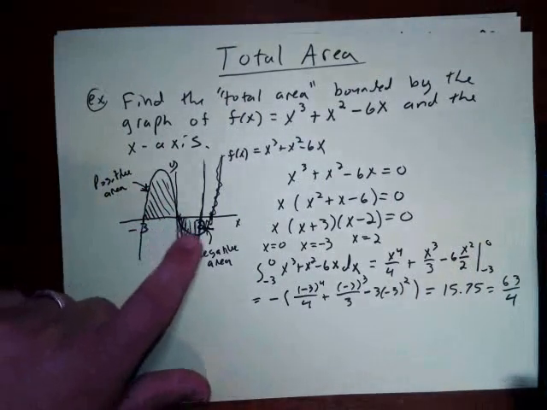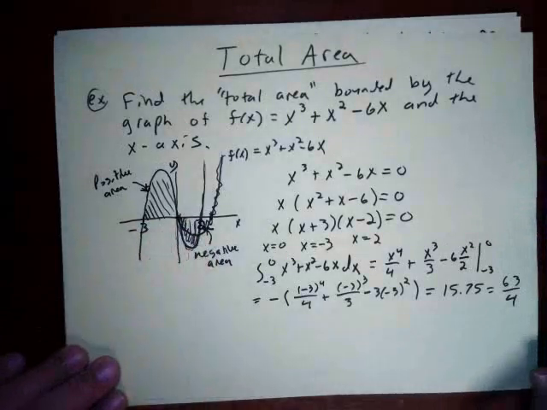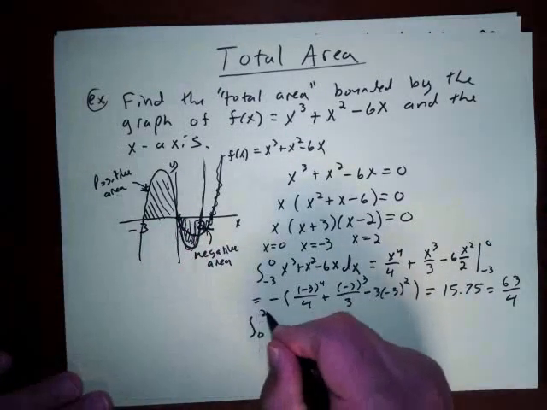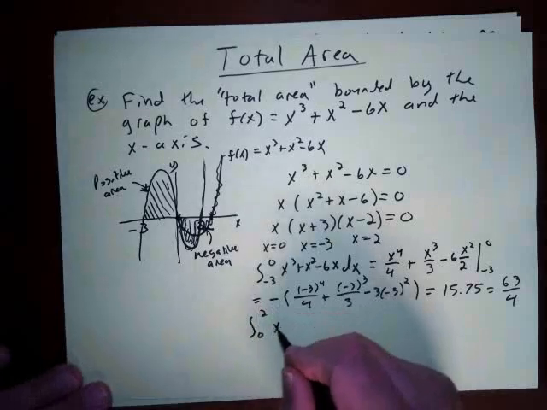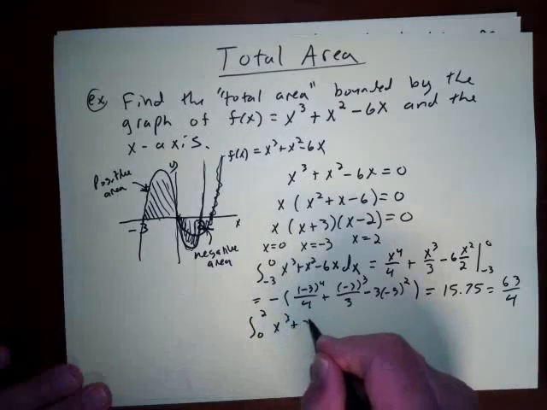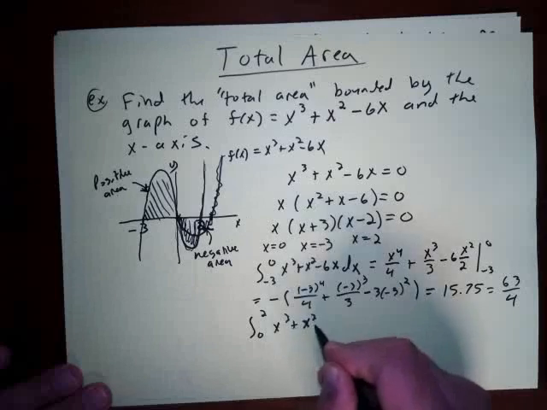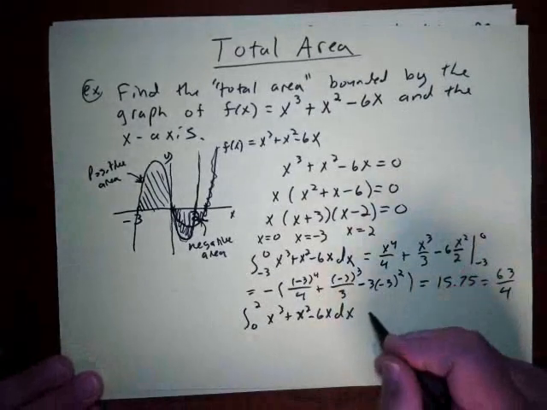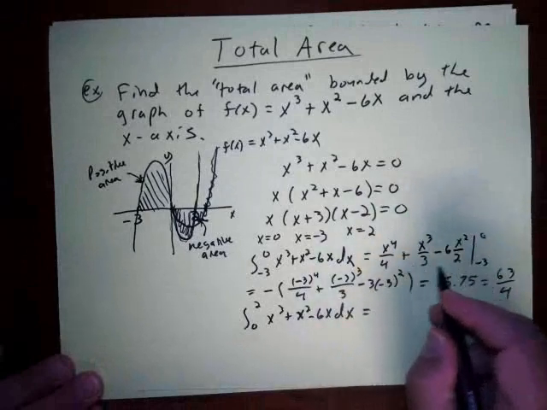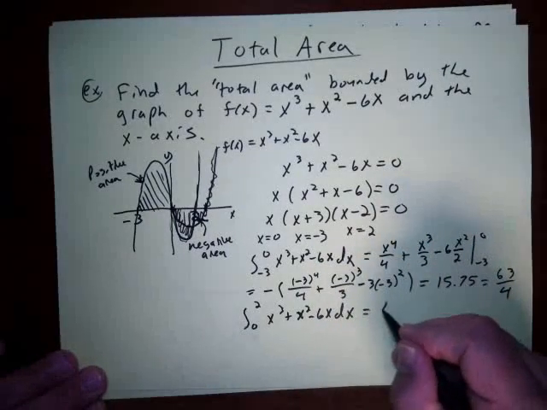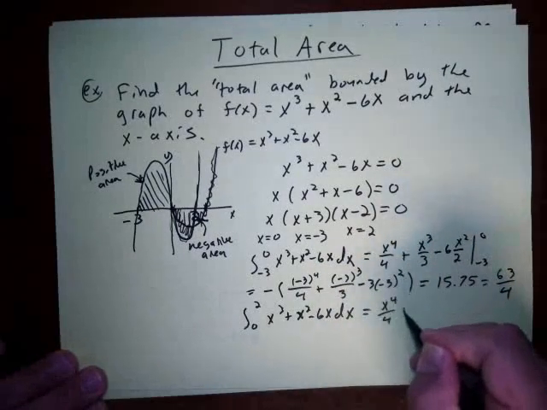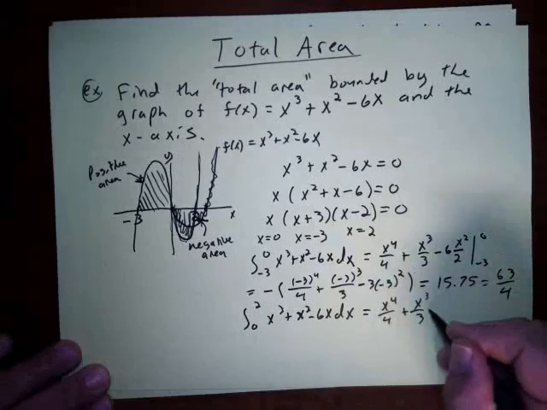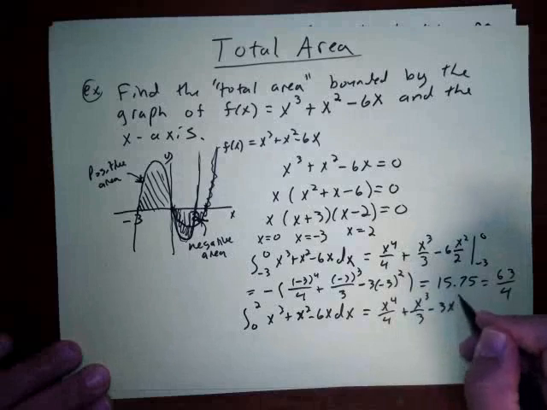So now, what about this area down here? Well, that's going to be the integral from 0 to 2 of the same thing. And then I'm going to have the same antiderivative. And this is minus 3x squared.